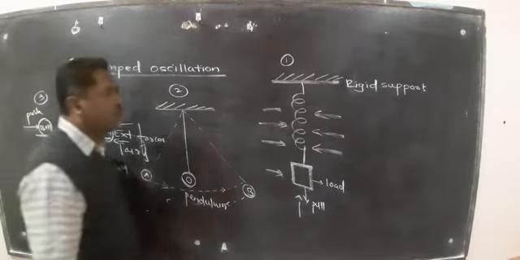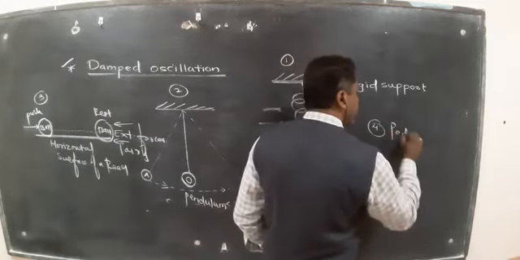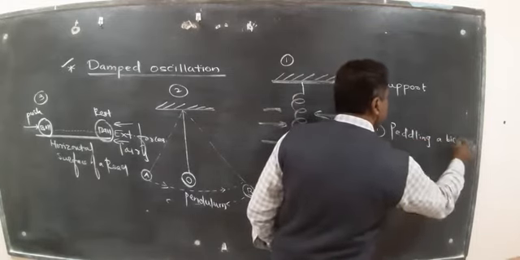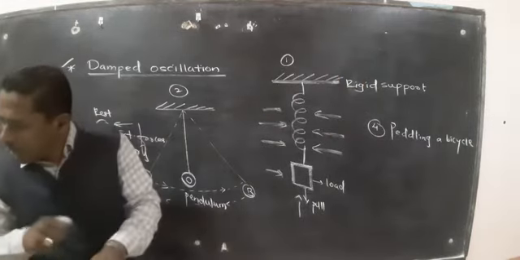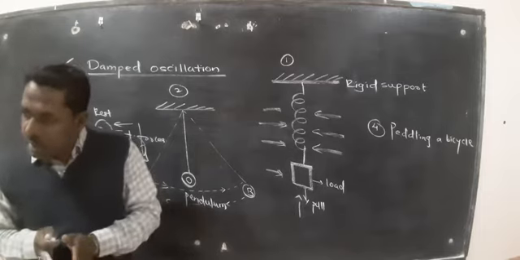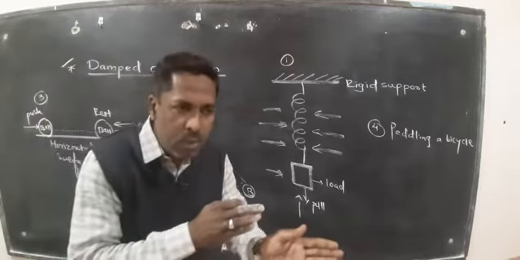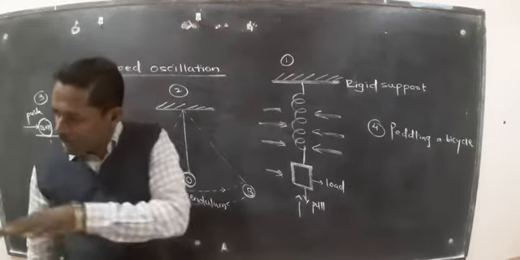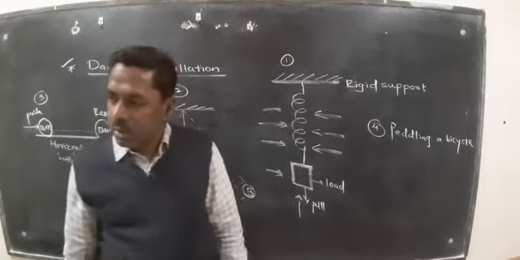Another example: if you are pedaling a bicycle, stop the pedaling. What happens? Still the bicycle is moving, and slowly the motion of the bicycle decreases, and a stage reaches that the bicycle comes to rest. Why?